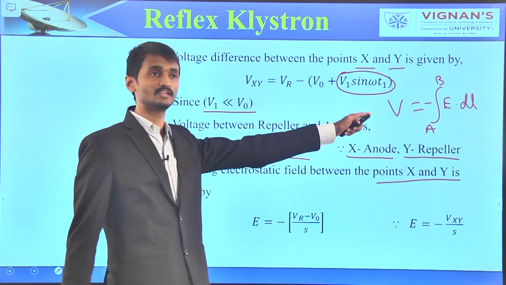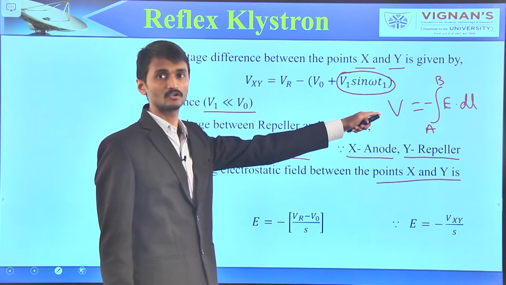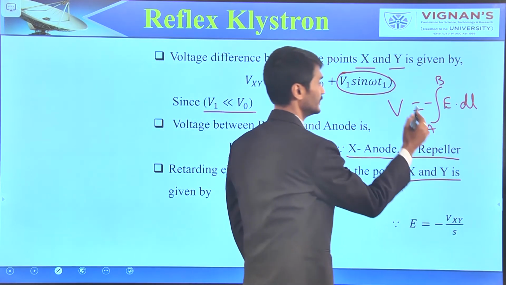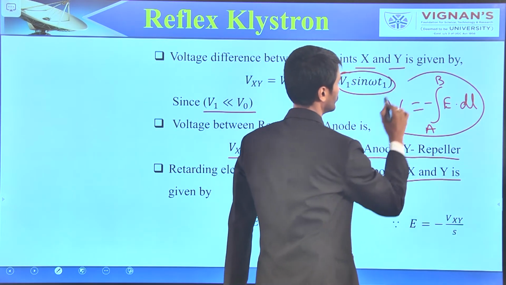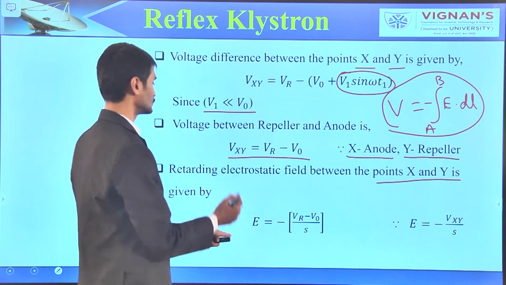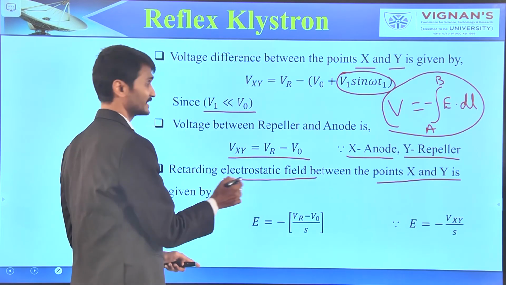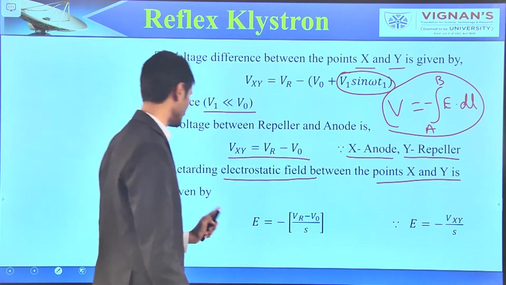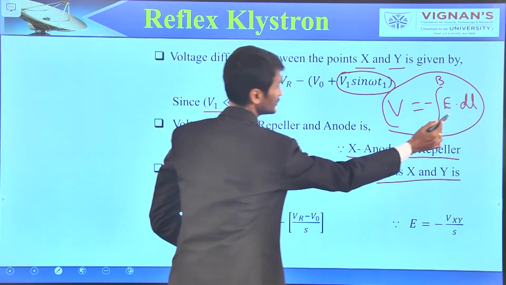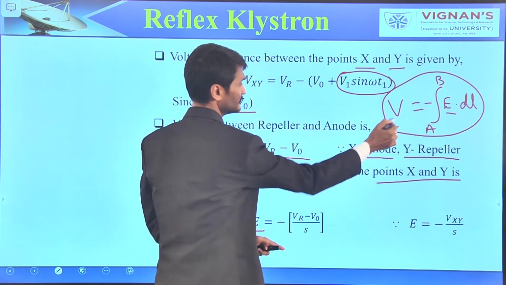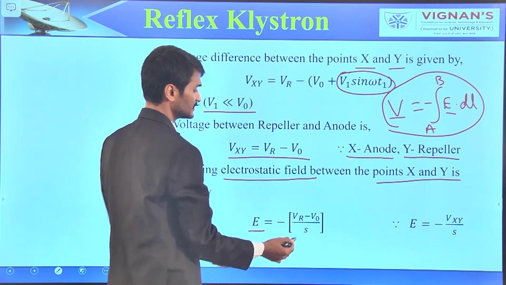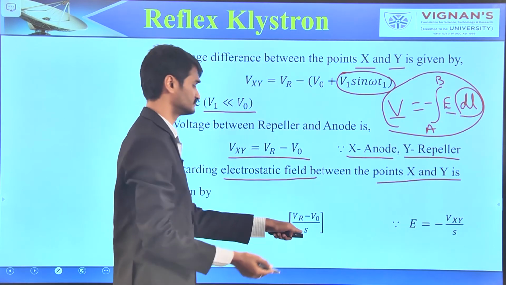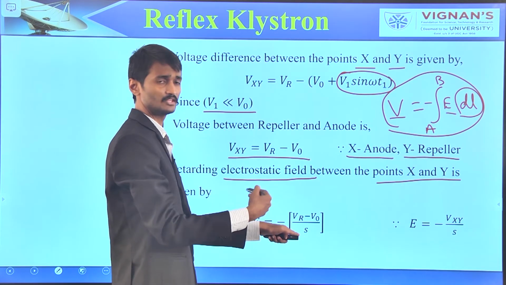From this, the retarding electrostatic field between x and y is E equals V, that is Vr minus V naught, divided by the distance between the 2 points.